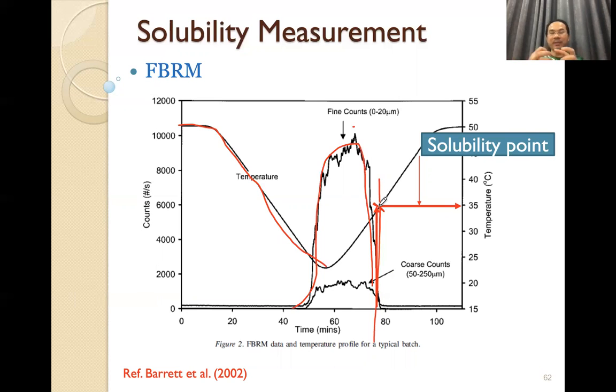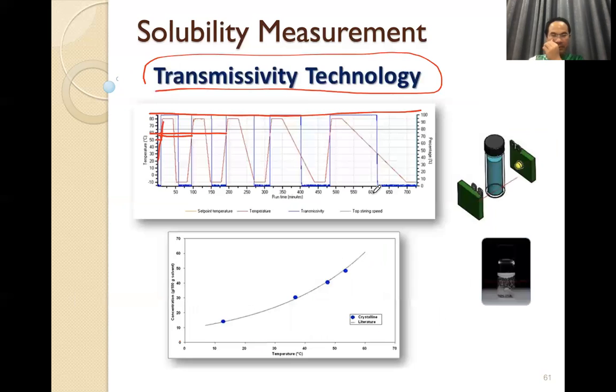For this case, you prepare the amount of solute and the amount of solvent, and you can calculate the concentration. And what is the saturated temperature? You can measure it from this point.